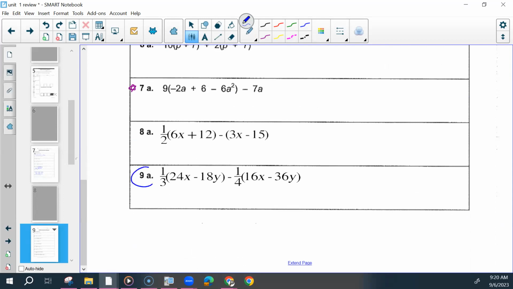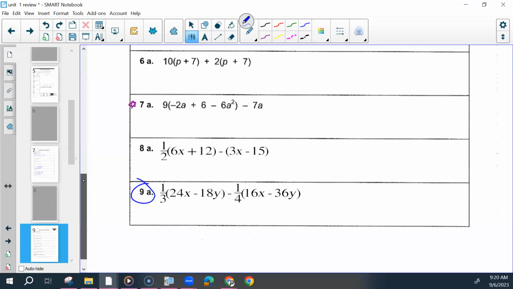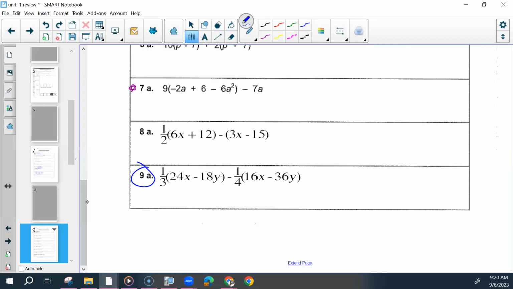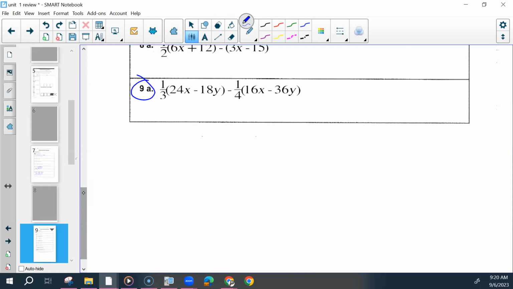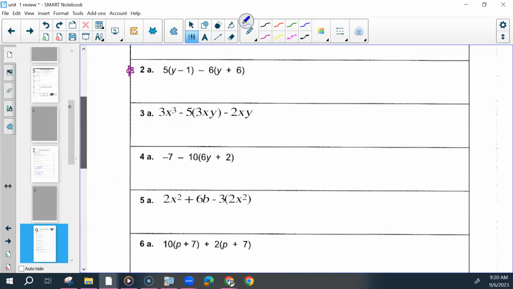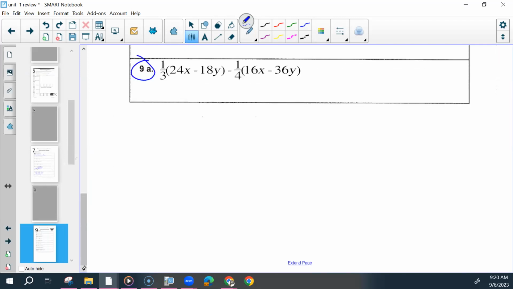So this page is more distributing, combining like terms, fractions with distributing, combining like terms, all of them. Any others? We'll do 9 and then go back to 3. Right, just because it's a fraction, don't let that trip you up.